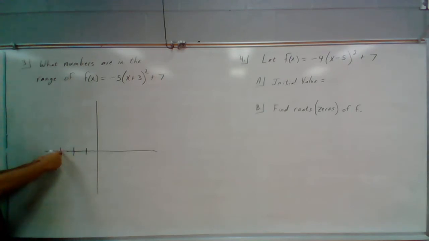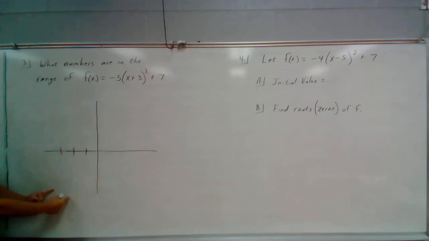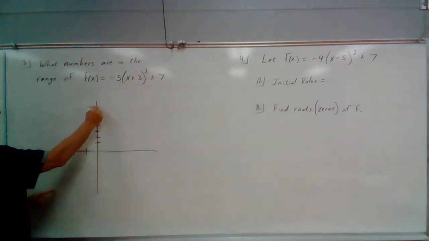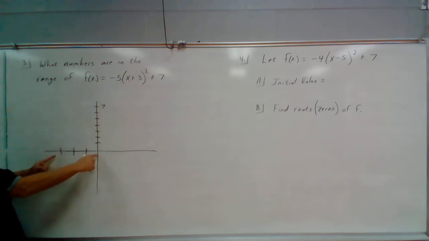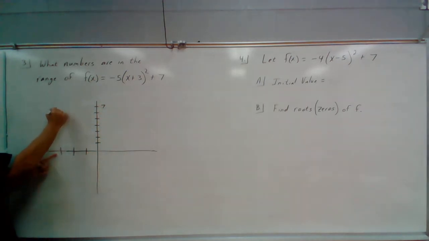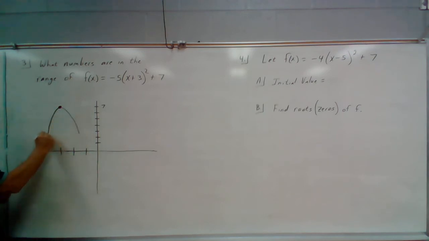The 5 will make it a little skinnier, as you saw, so it's going to look more like this. And the plus 7 will shift it up 7. 1, 2, 3, 4, 5, 6, 7. Okay, so my vertex got shifted left 3 and up 7. So here's my vertex. And now the parabola is upside down. So it looks like that.